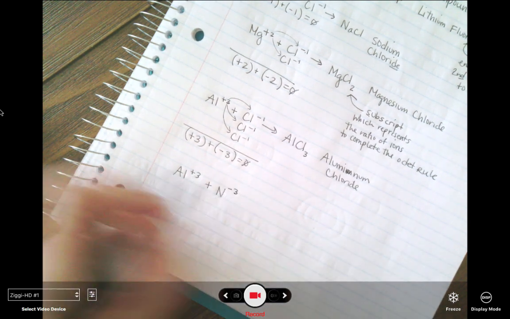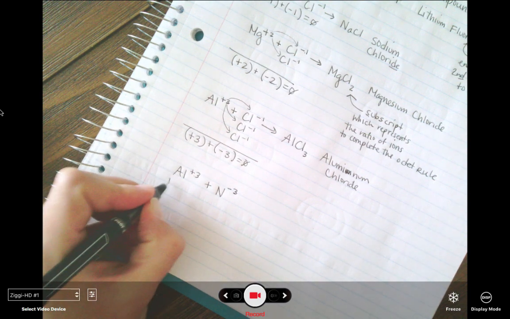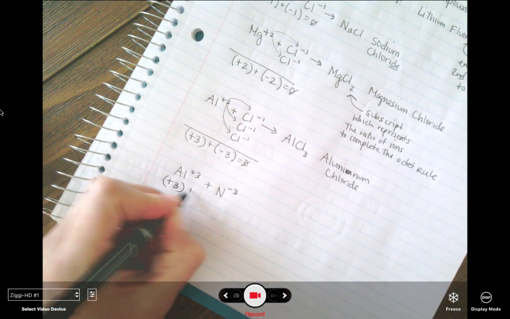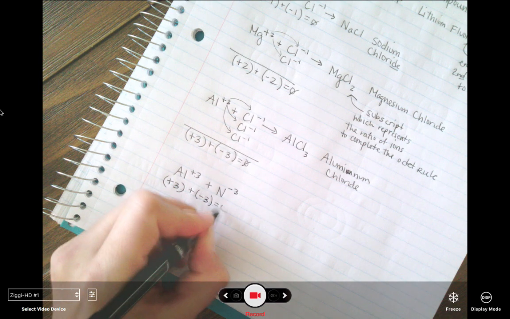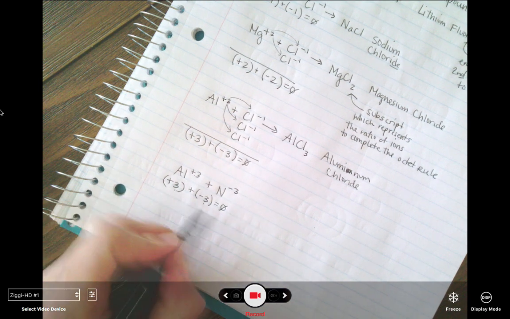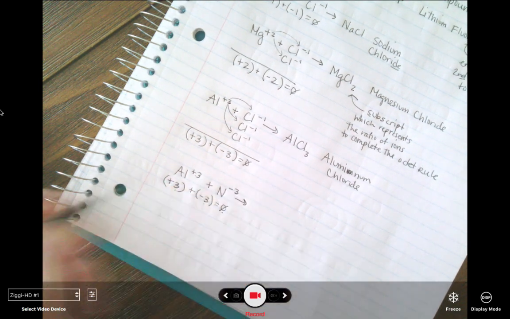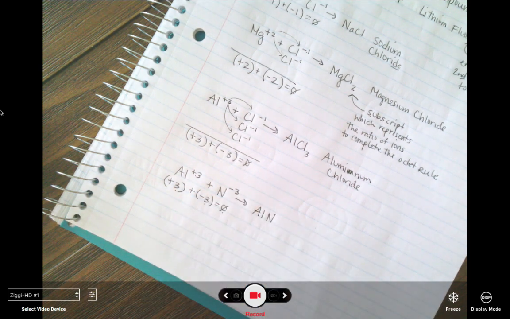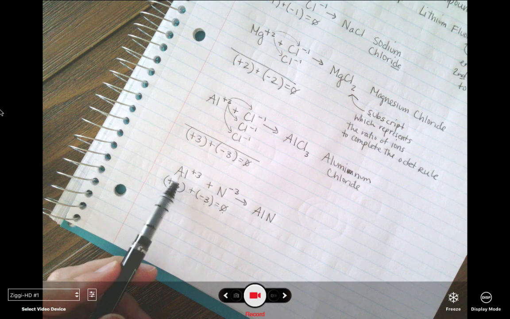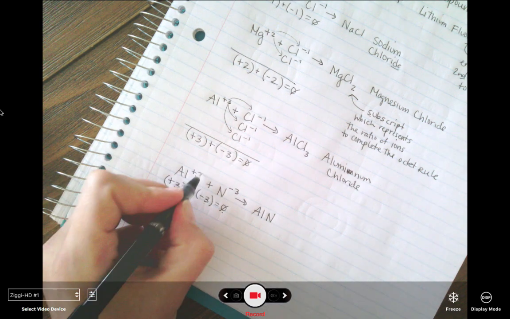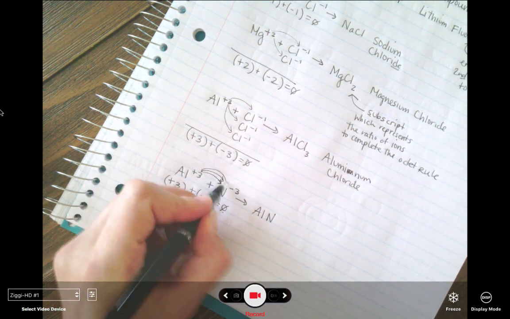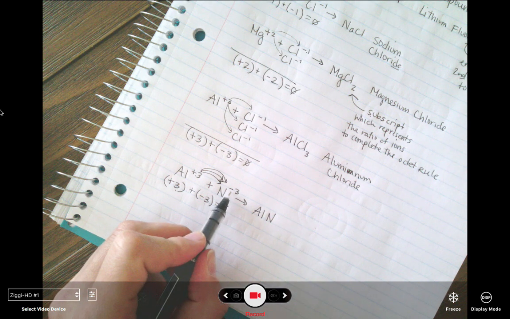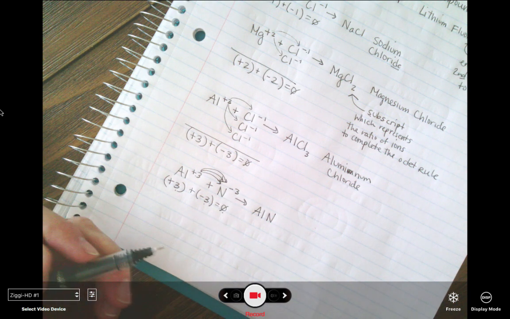Well, +3 and -3 equals 0, so I know that it is going to just look like this. So because the charges cancel out, it took 1 aluminum, which transferred all 3 of its electrons to nitrogen, which is perfect because nitrogen needed 3 electrons.